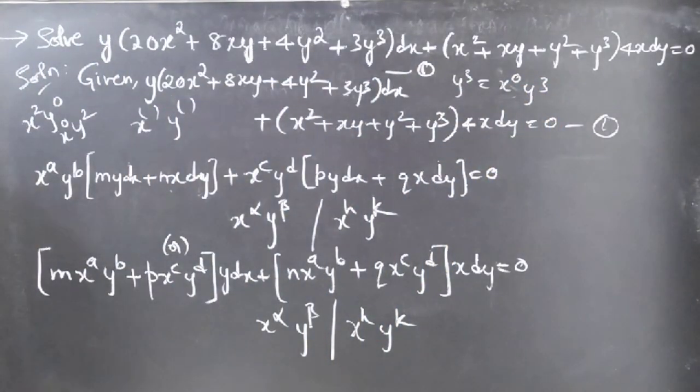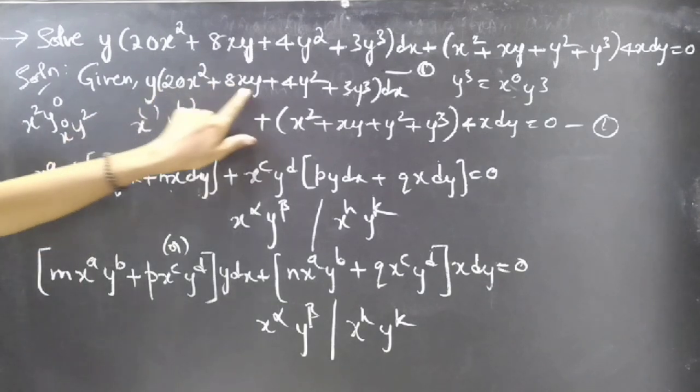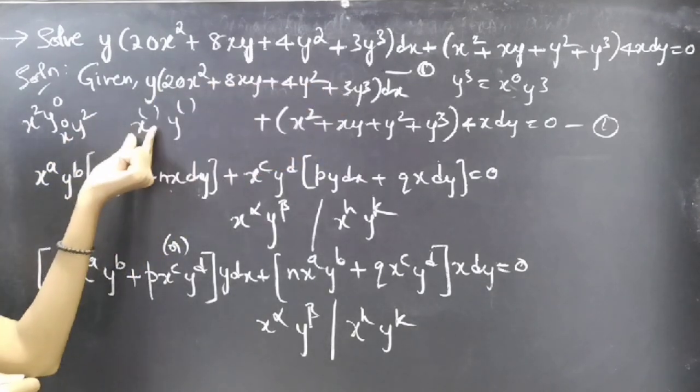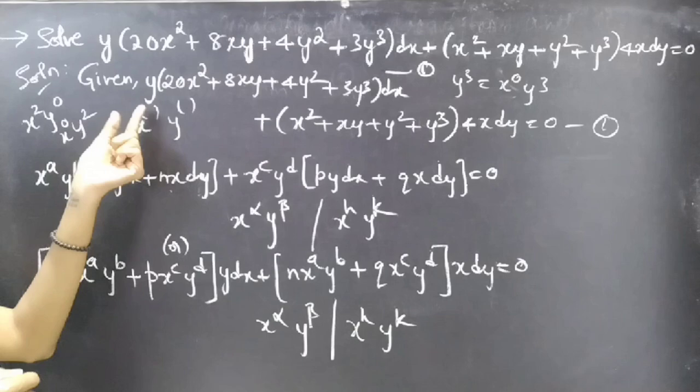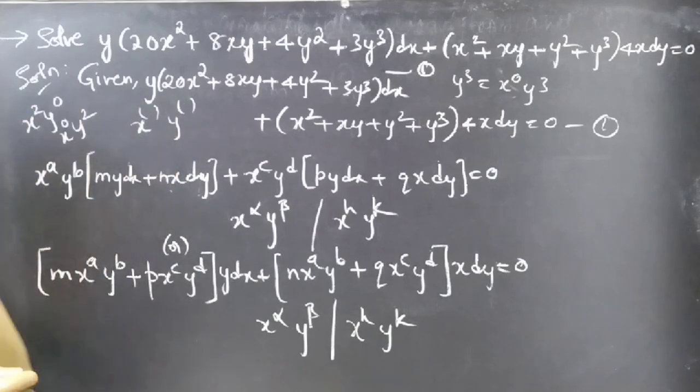So you can write each term as some constant into x power some number into y power some number form, right?